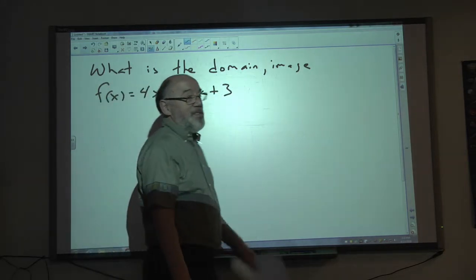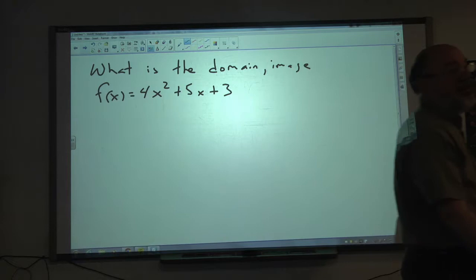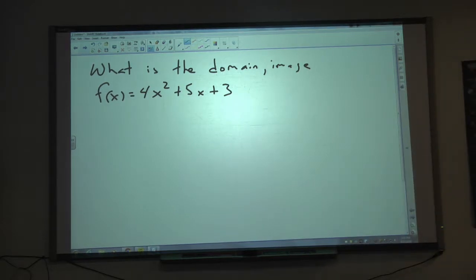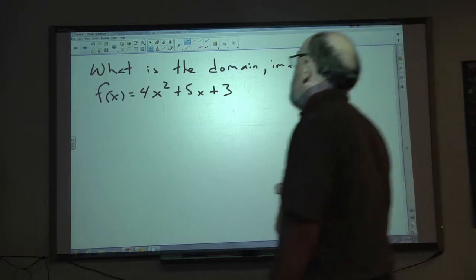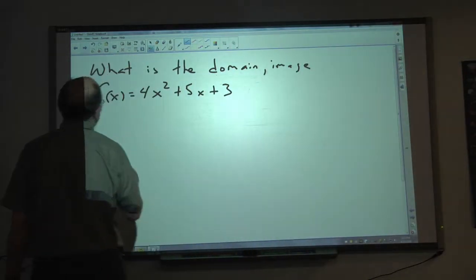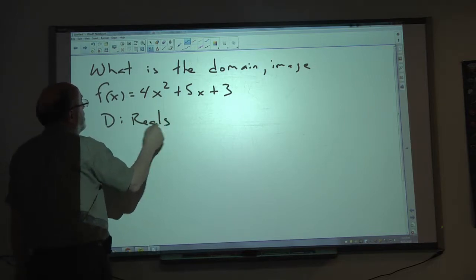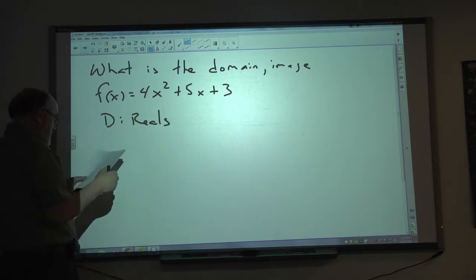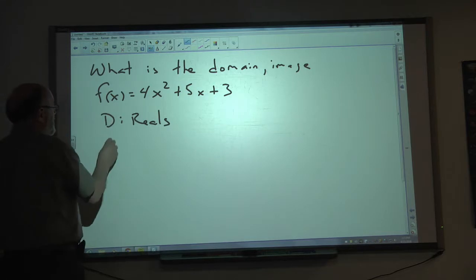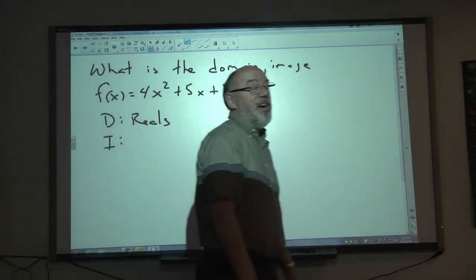So domain, what numbers can I plug in for x? All numbers, right? All reals? So my domain is all real numbers, right? What is the image? So once I plug in all those numbers, what kind of numbers come out?